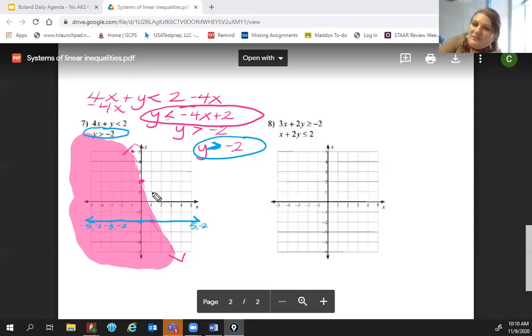Okay. What did Miss Boland do incorrectly? It's supposed to be a dotted line. Do I have a dotted line? No. Messed up the shading and everything. Okay, so I'm going to make a dotted line.